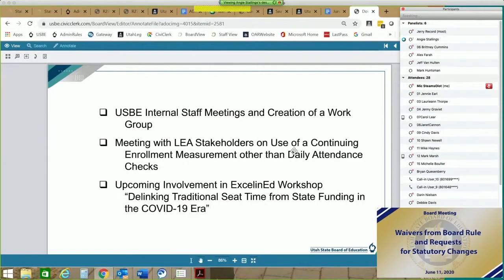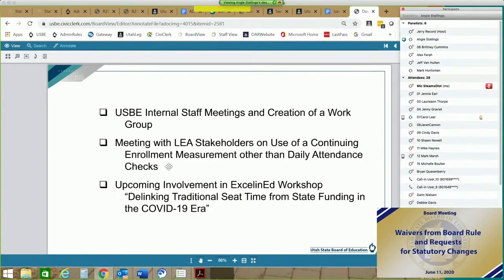So some of the things that we're doing as staff, we've had many meetings internally to discuss this issue, and we created an internal work group of staff that includes program staff, policy staff, financial ops, data, and our IT staff, of course. So we've got a good cross-section of USBE staff tracking what work is being done in this area.